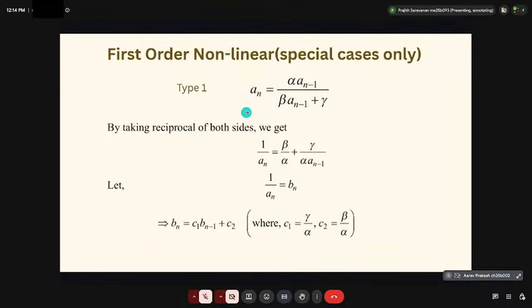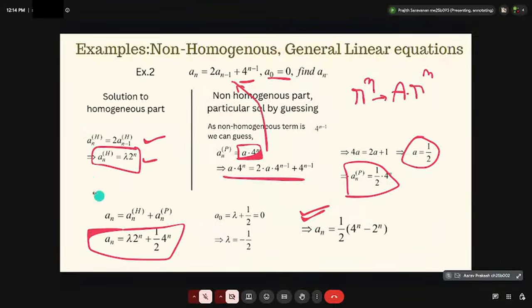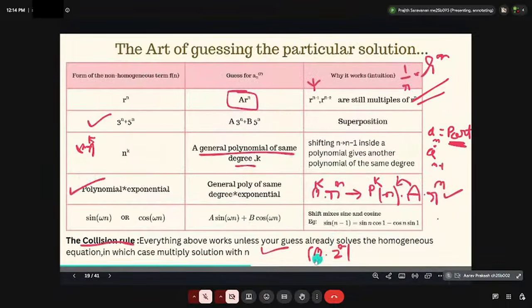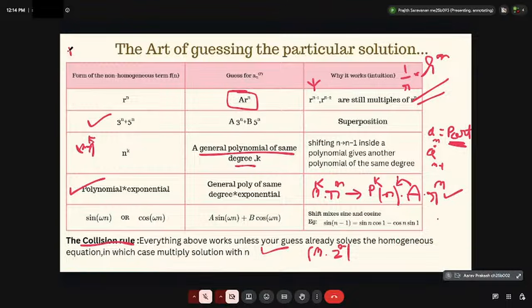Okay, so next, let's move on with nonlinear. You need to multiply n with the non-homogeneous part. So let's see an example. Your homogeneous part is 1 lambda into 1 power n plus 2 mu into 2 power n.